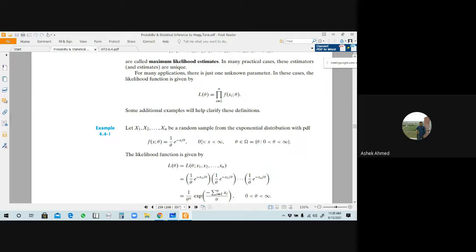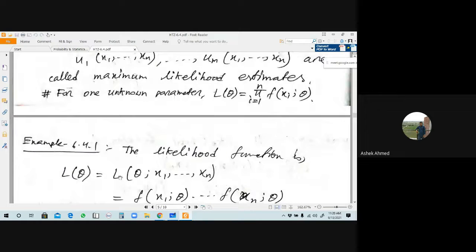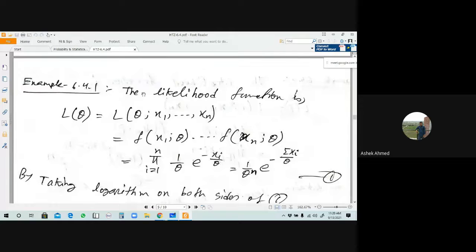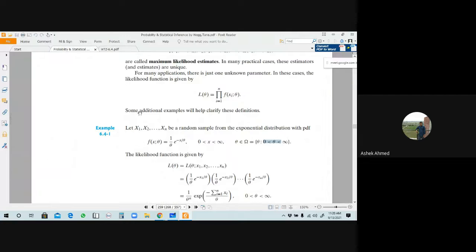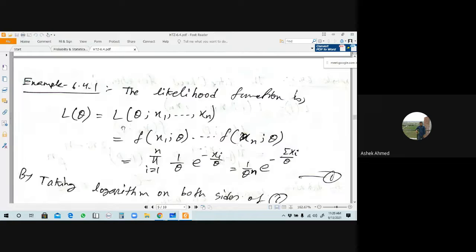The values of x is greater than 0 and theta will be also greater than 0 here. Okay, for solving this example, at first you have to write the maximum likelihood function. This type of problem we will solve by writing this first line.